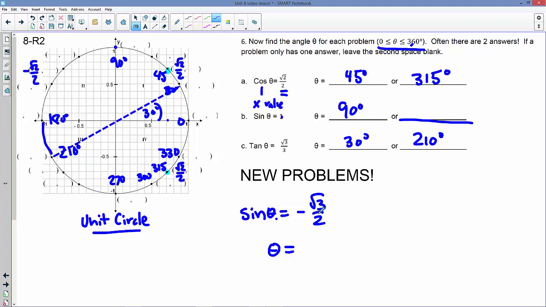Well, if you remember, you can memorize this, of course. It's very easy. But negative radical 3 over 2 is negative 0.866. So to make my life easy, I'm just going to go down to negative 0.866. This is negative 0.5, negative 0.6, negative 0.7, negative 0.8. Negative 0.866 is right about there. So this dot and this dot both have a y value of negative 0.866, or radical 3 over 2.